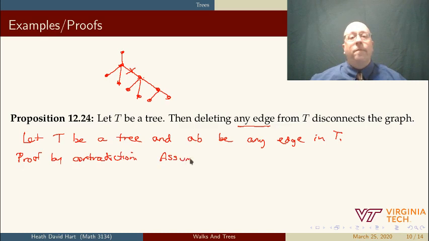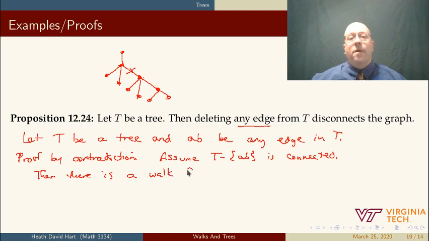Assume T minus AB is connected. Then there is a walk from B to A.